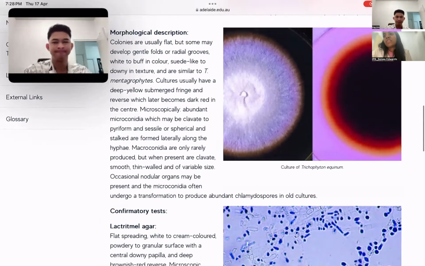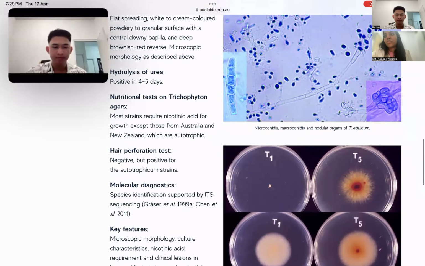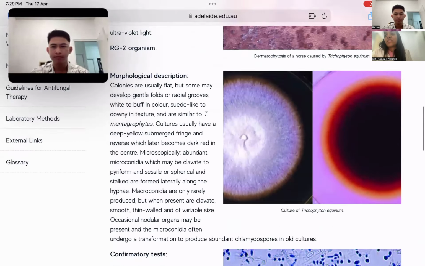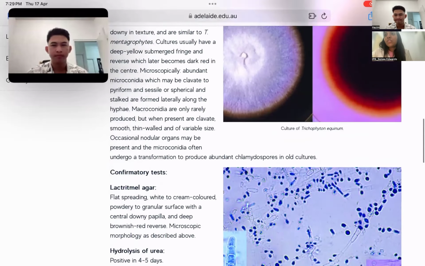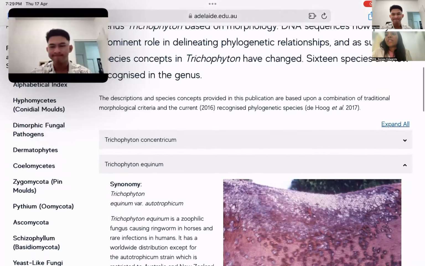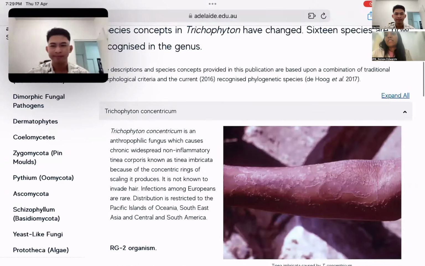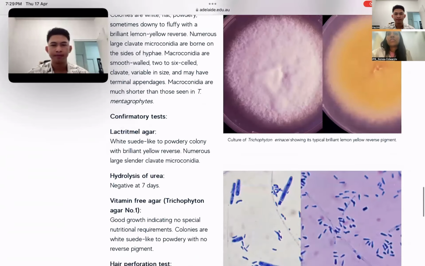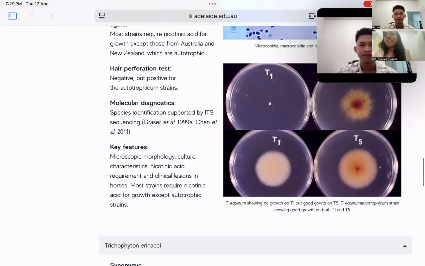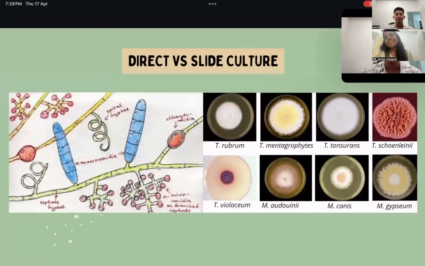And this is the picture that Hazim used in his slide as well, with his culture as well. So all three of the images that we use from our slide are from this University of Adelaide. So the one that I did comparison with is also from this. So I took everything and made a collage of everything so it'd be easier for everyone to see, and then I labeled it in this one. So yeah, this is basically our topic.